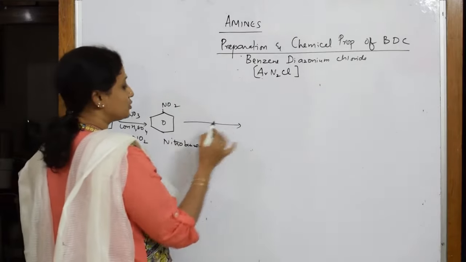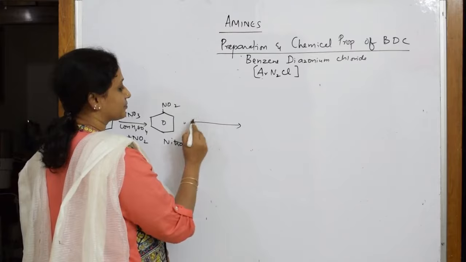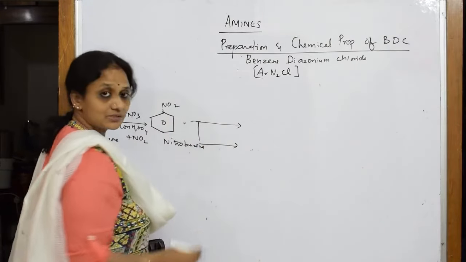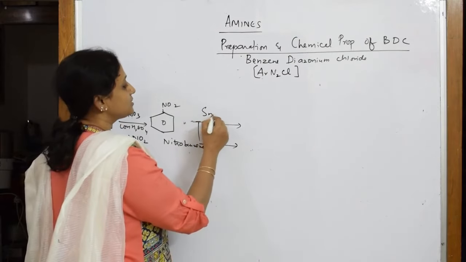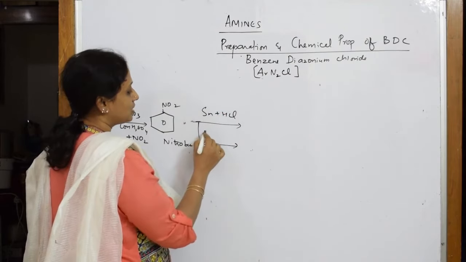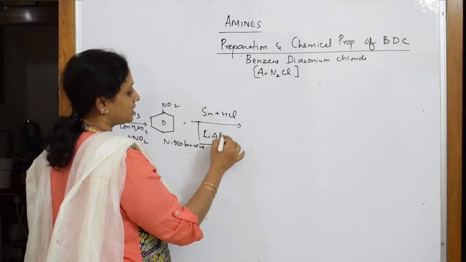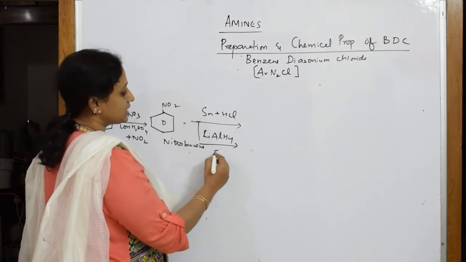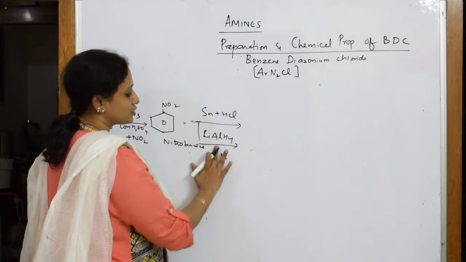I am going to introduce reducing agents. Two types of reducing agents: one can be Sn plus HCl, or lithium aluminium hydride. These two are reducing agents. They are going to supply hydrogen to this.